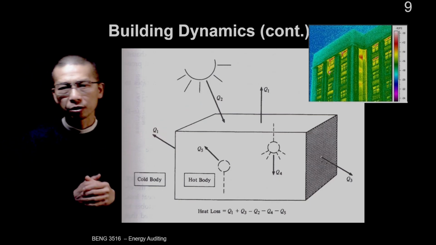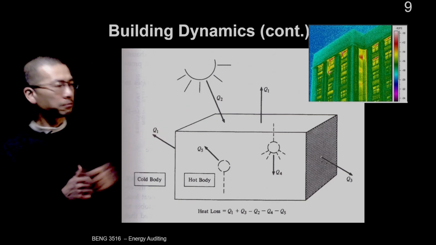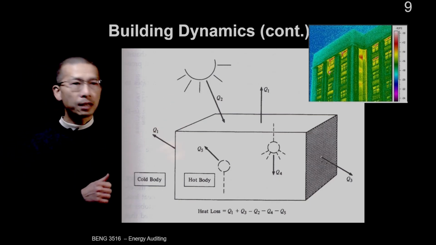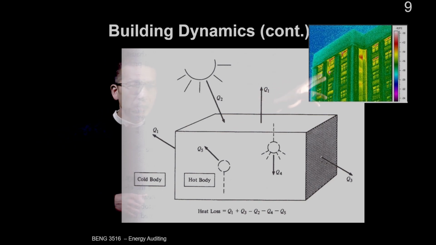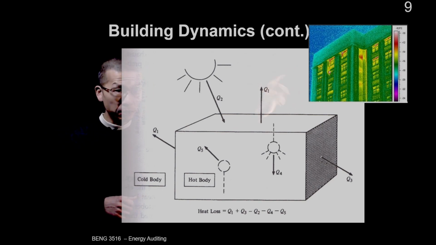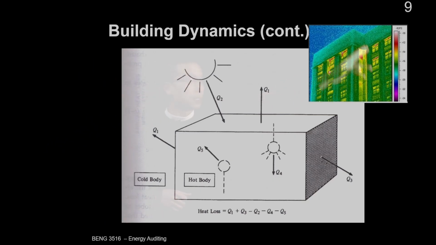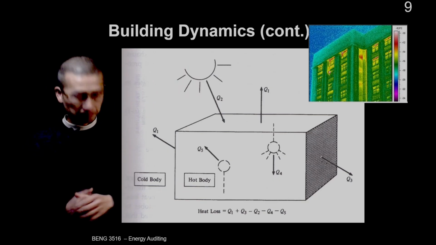So the hot colors, the red and yellow, sometimes those are the heat loss. The bright colored ones, especially the red, you can see the relative temperature scale there. Okay.